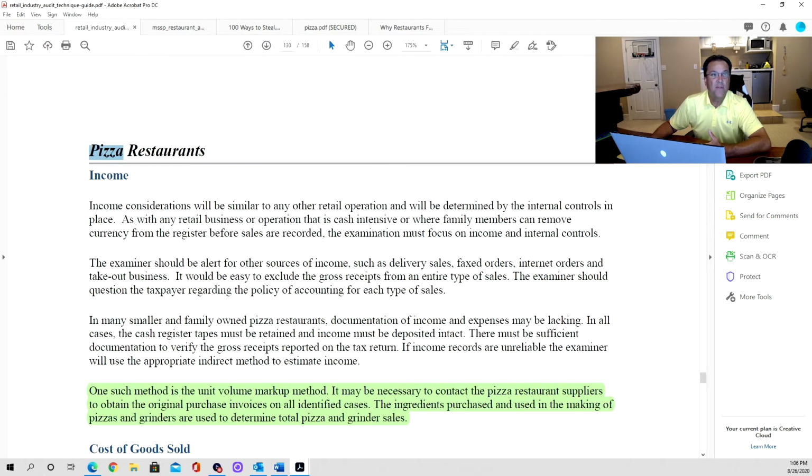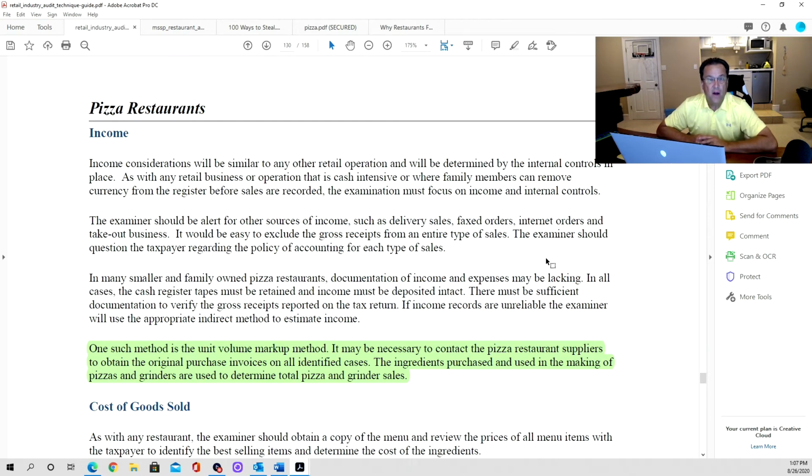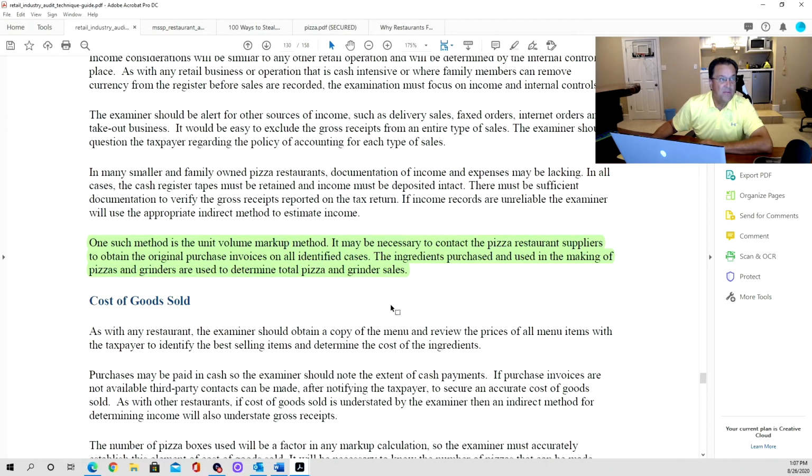So let's go a little bit farther down. These documents are giving guidance to an agent on how to prove that your books and records are accurately reflecting a pizza operation. So here's a method that is offered from the IRS. One such method is the unit volume markup method.